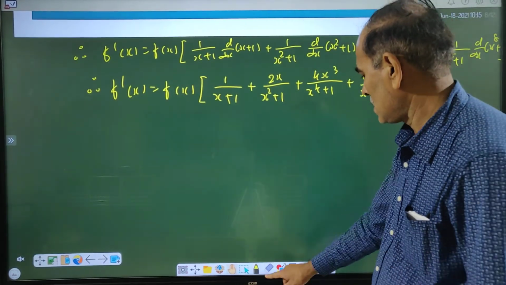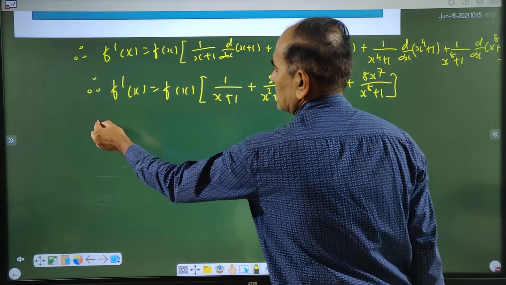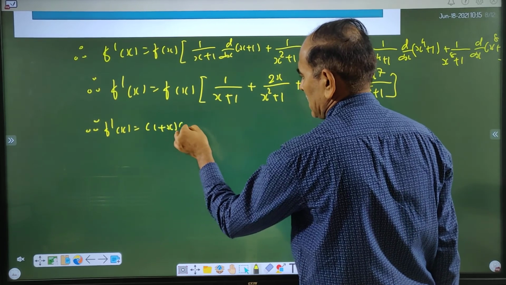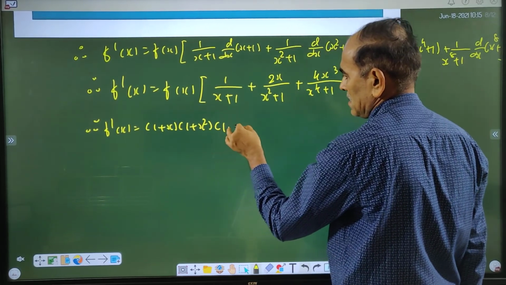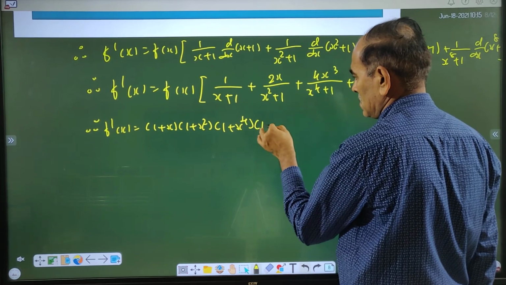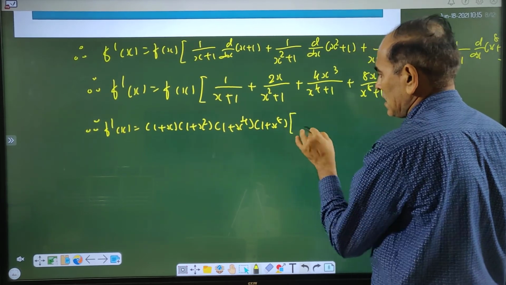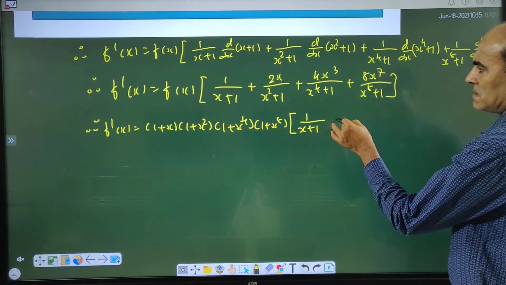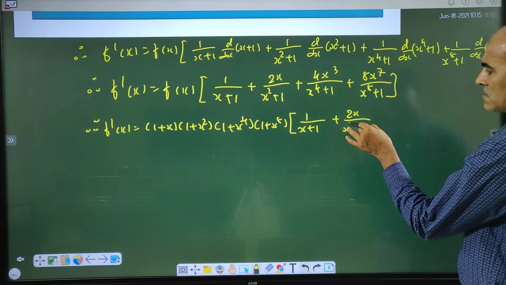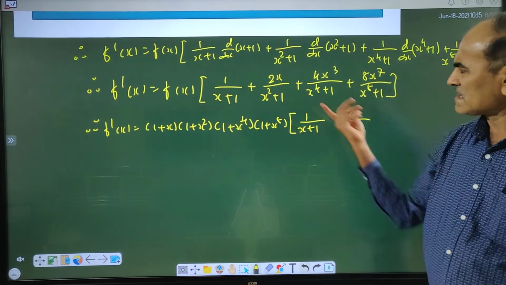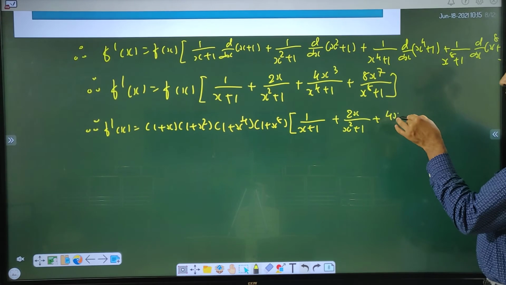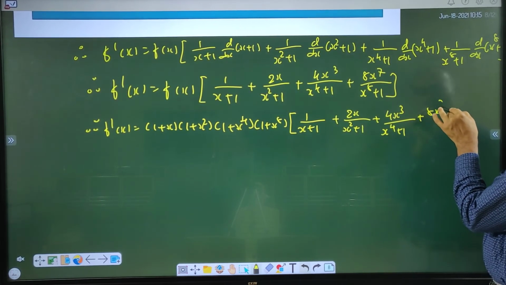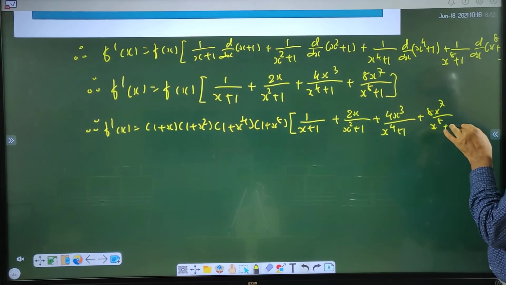Apply here the value of f x, and therefore f dash x is equal to (1 plus x)(1 plus x square)(1 plus x raised to 4)(1 plus x raised to 8) into the remaining: 1 over (x plus 1), 2x over (x square plus 1), as it is, 4x cube over (x raised to 4 plus 1), 8x raised to 7 over (x raised to 8 plus 1).